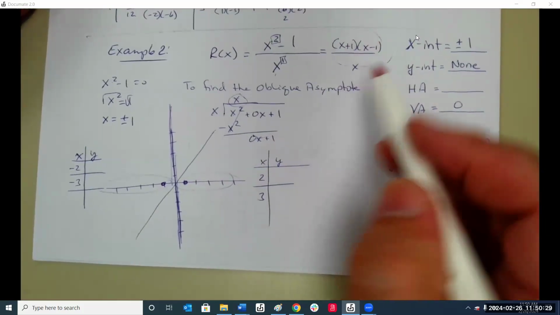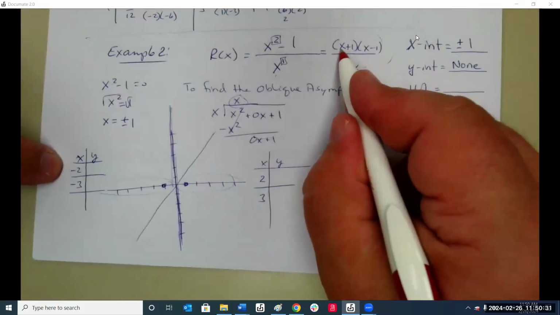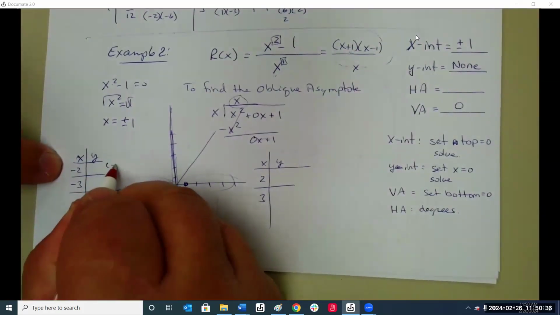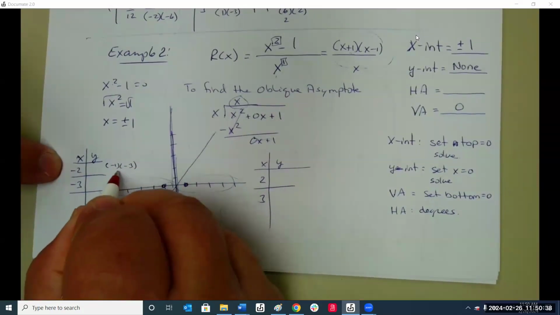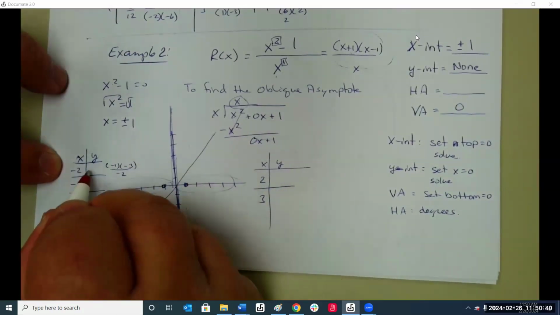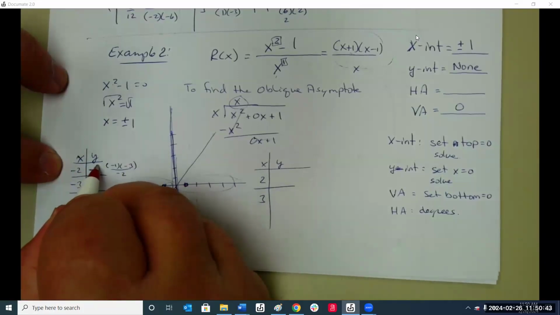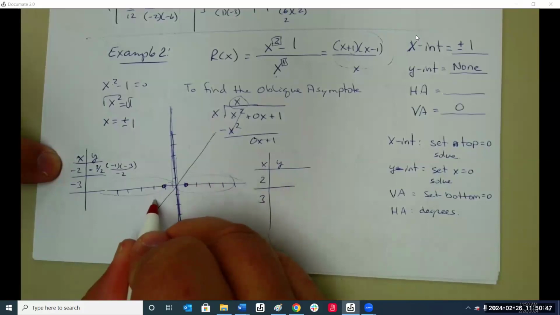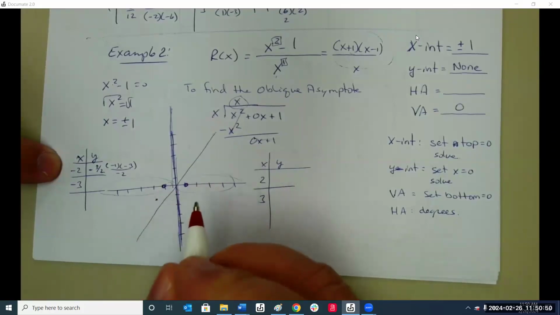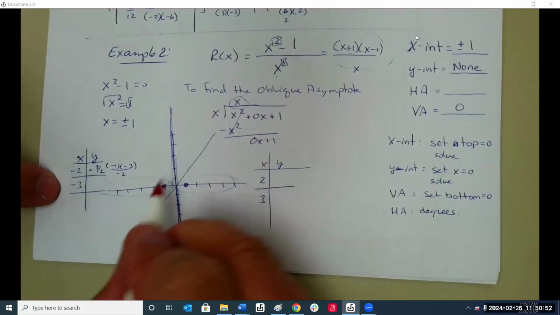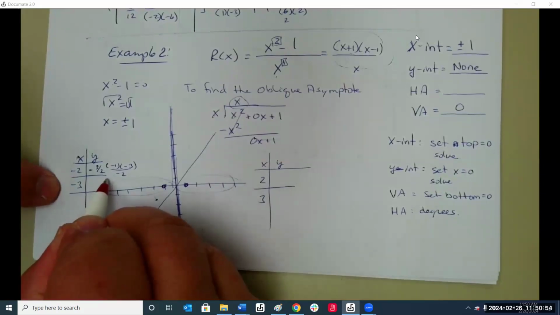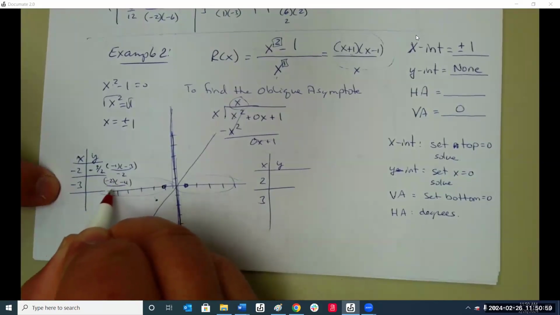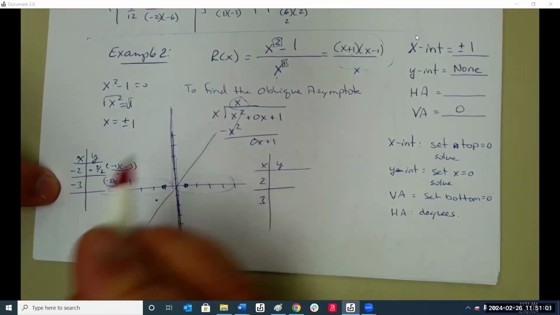I'm going to use the factored form. So at -2, we got -1 minus, so it's -1, -3 over -2. The answers are going to be -3/2. At -3, we'll have -2, -4, -3.